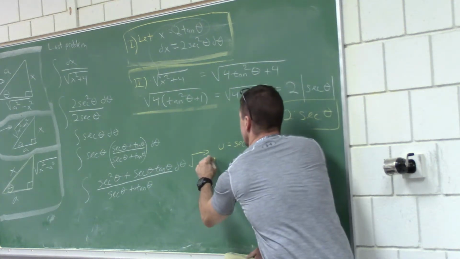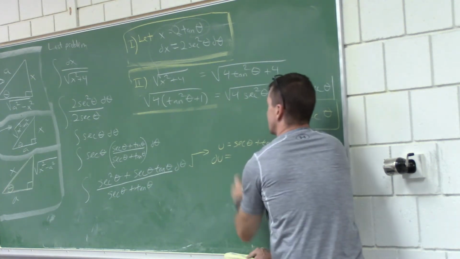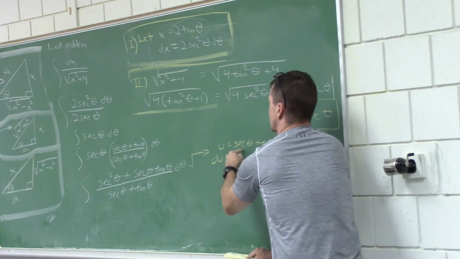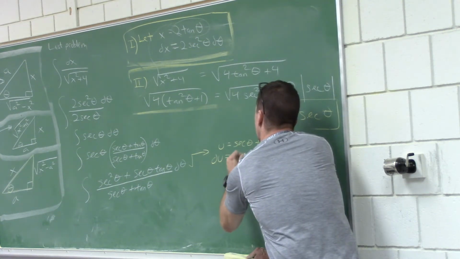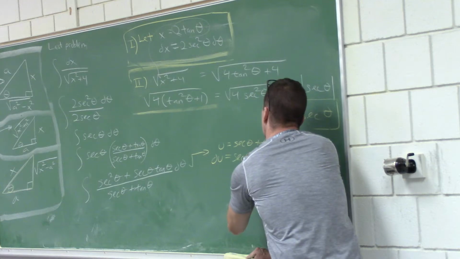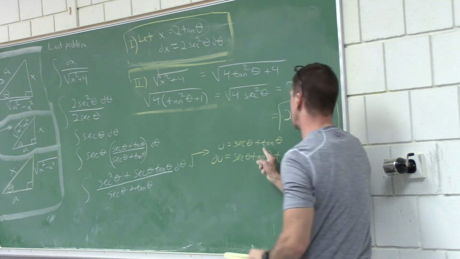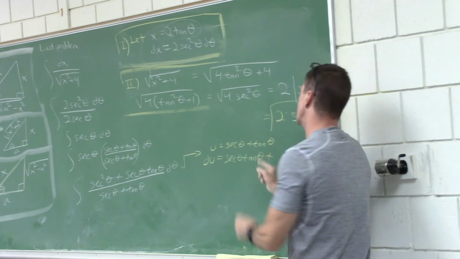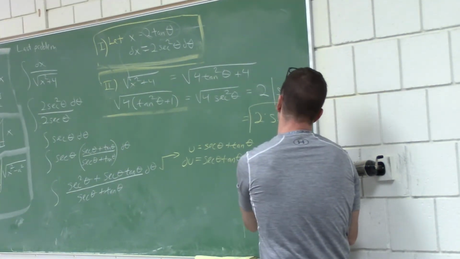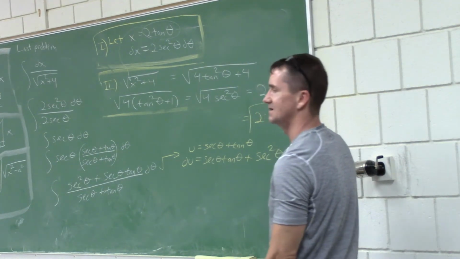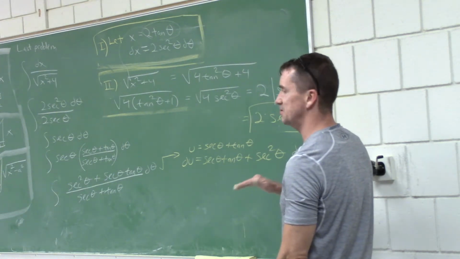Guess what du is? What's the derivative of secant theta? Secant theta tangent theta. And what's the derivative of tangent theta? Secant squared theta. Now I put my d theta. Do you all see what happens? This is beautiful.